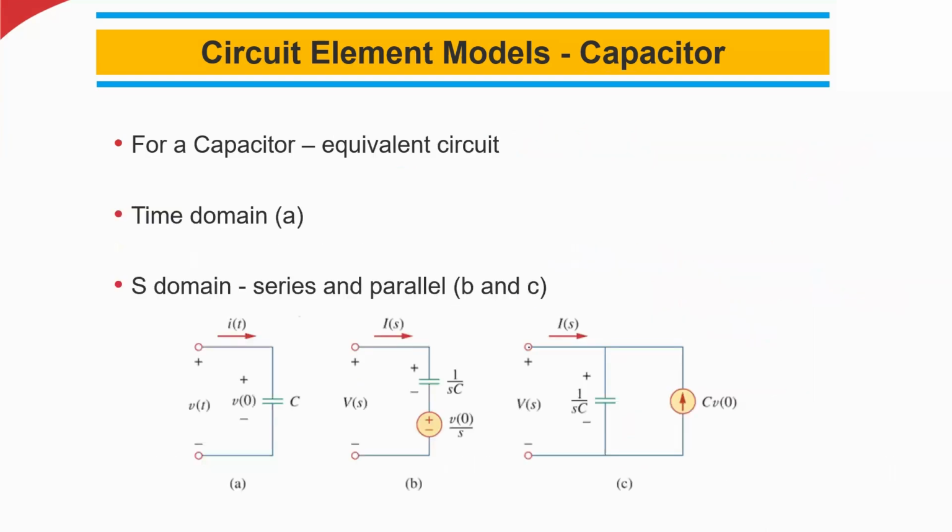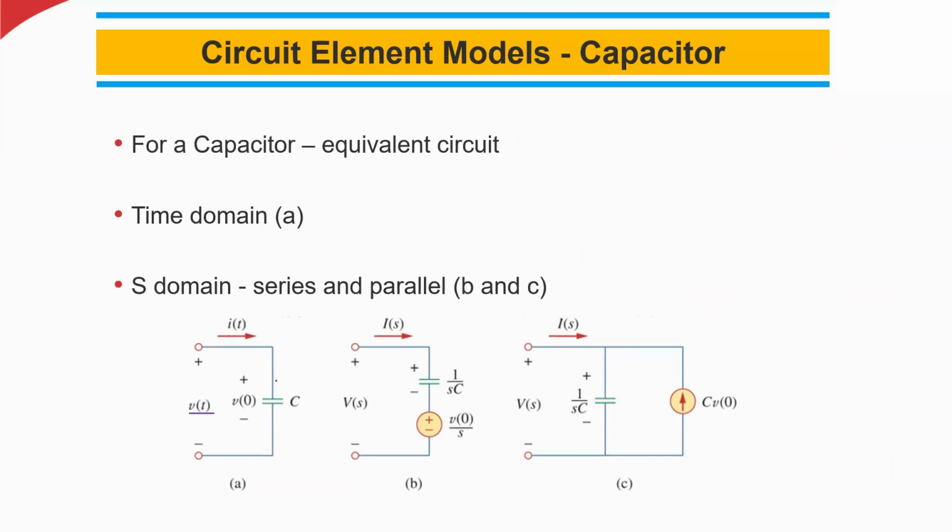We will see the equivalent circuit. This is the equivalent circuit, same as what we had seen for the inductor. We have the capacitor, and across the capacitor we are applying the voltage v(t). Because of this applied voltage, the current i(t) is flowing through this capacitor.